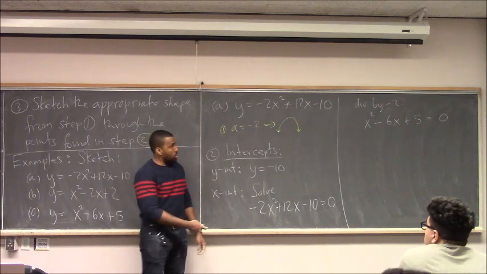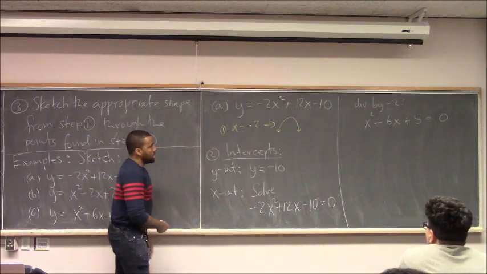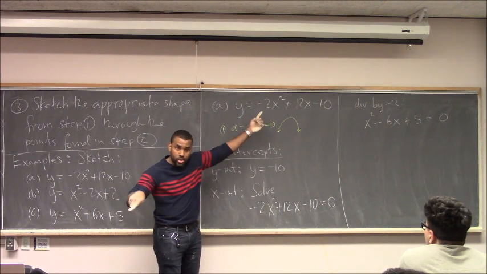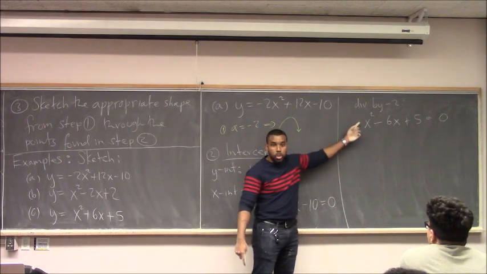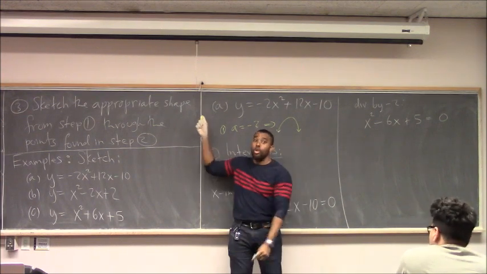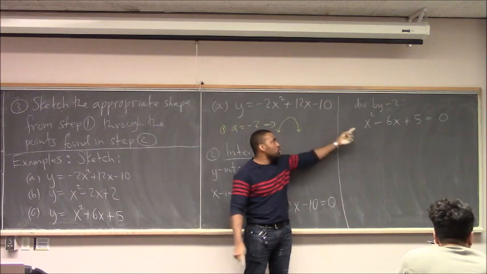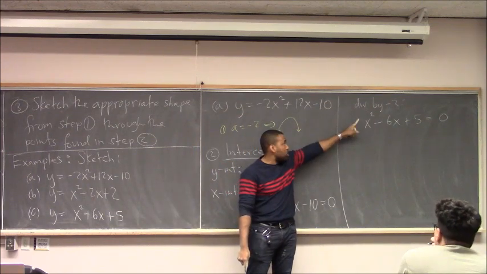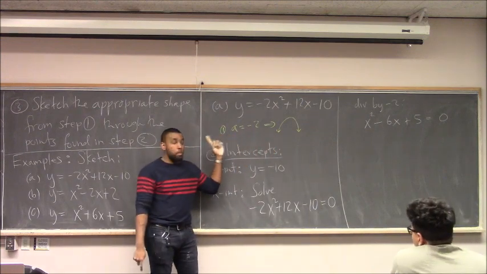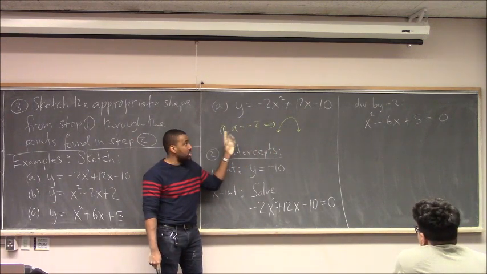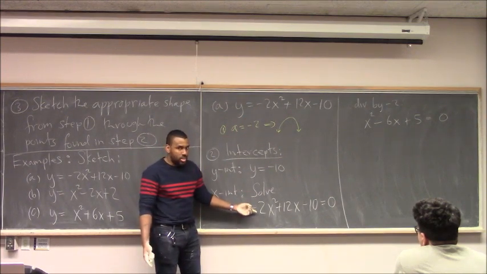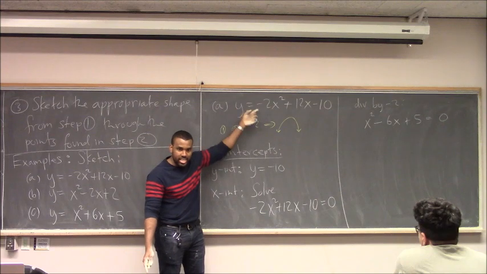Every now and then, what I see on an exam is that I gave them a picture like this, but in solving for the x-intercept, they made the x squared positive, and then they drew this, right? Because they forgot to make sure it's negative. And then they lose track of that, and just because they're solving this equation where it's positive, they think, oh, it's this way. That's why I put in step 1. Make sure you know what it should be, because you might get rid of that sign in part 2, but it doesn't matter if you got rid of the sign. The original had the negative sign.